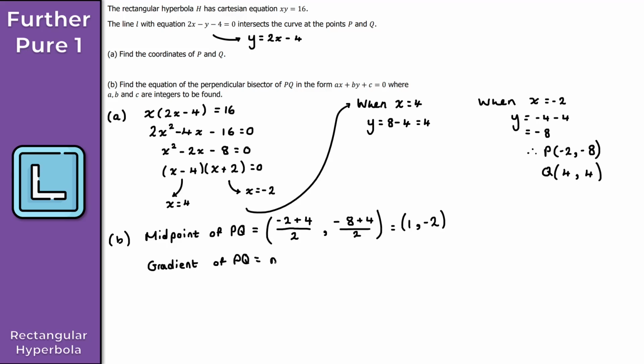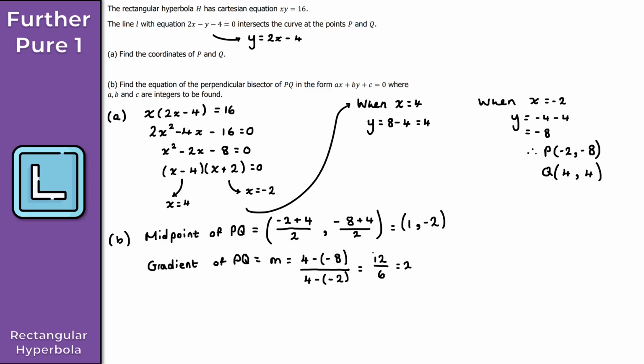So m is equal to 4 minus minus 8, all over 4 minus minus 2 here. Like so. So in this case here, we get 4 plus 8, which is 12, all over 4 plus 2, which is 6. We get 12 over 6 there, which gives us 2.